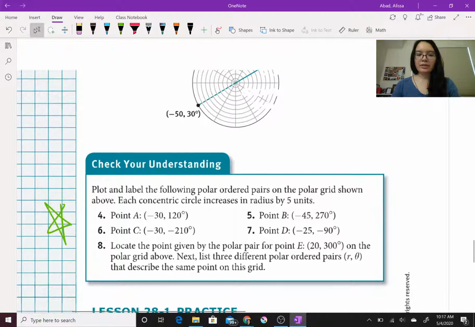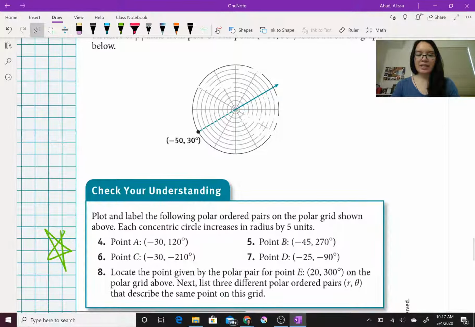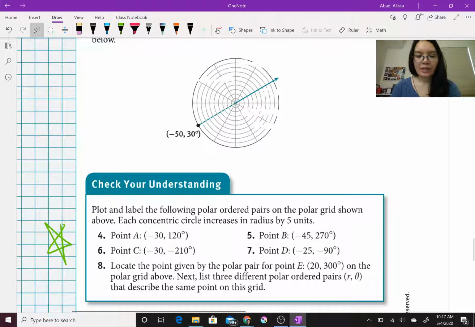I want to just show A and B here. Okay. So here for A, it's saying negative 30, 120 degrees. So if you're seeing a negative 30, that just means you can have it go in the opposite direction. This one is also increasing by 5 units.